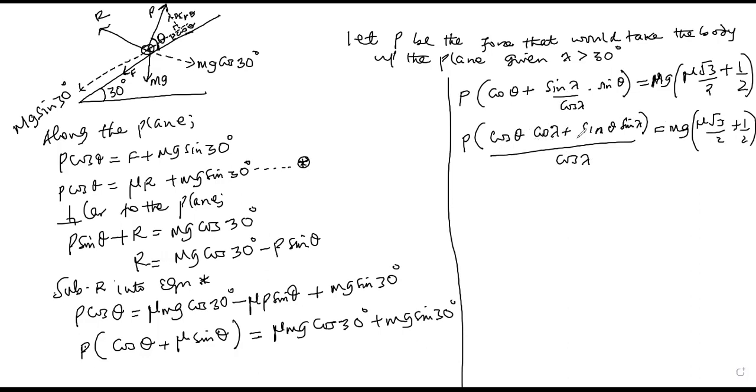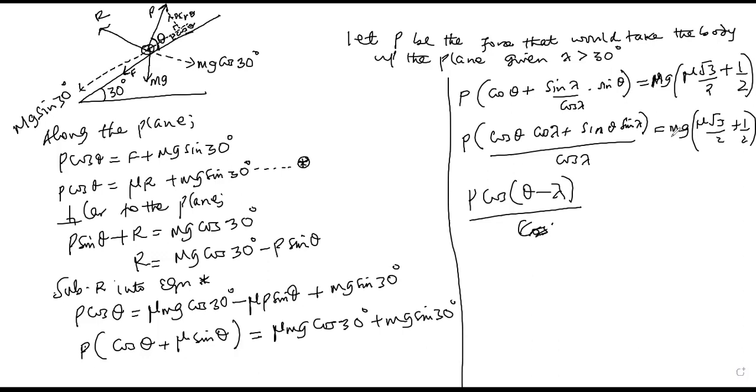So cos theta cos lambda plus sine theta sine lambda reduces to cos of theta minus lambda. This is an expression of theta minus lambda. Let me say over cos lambda, I can multiply cos lambda this side.